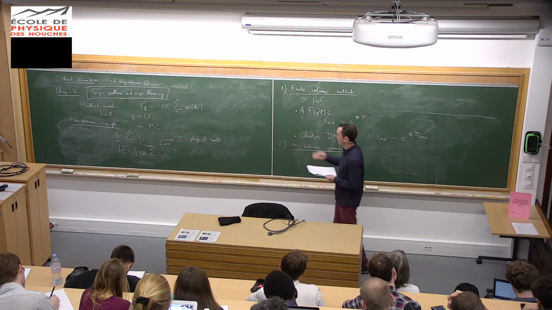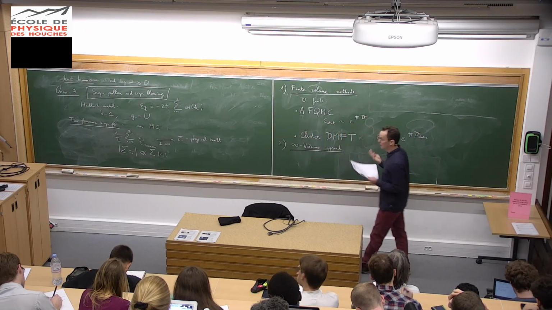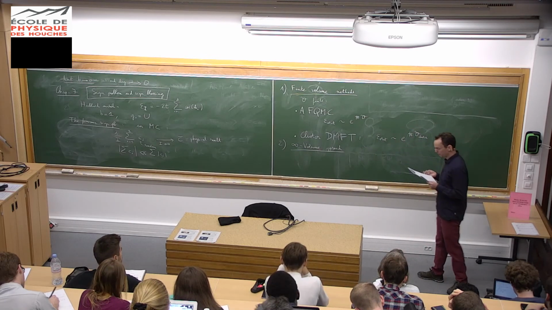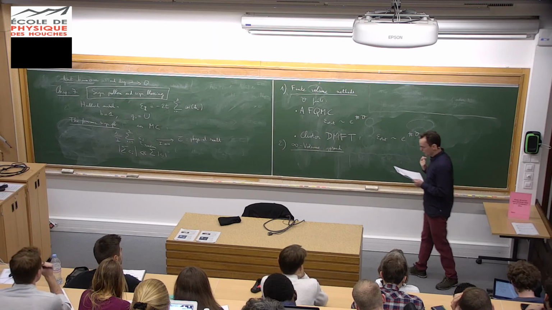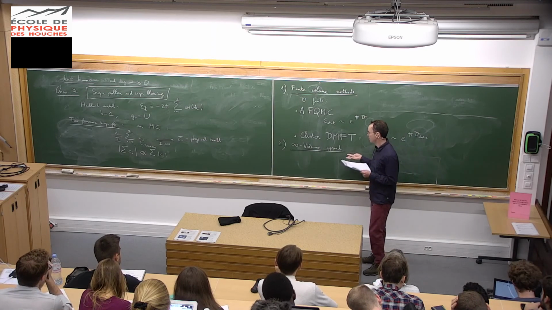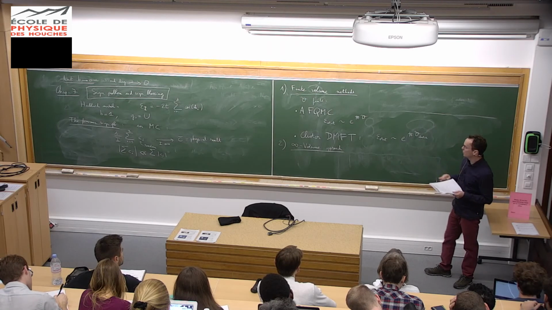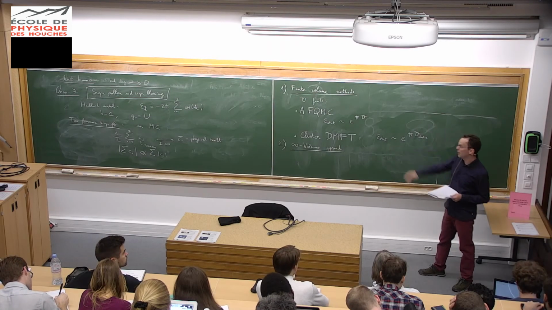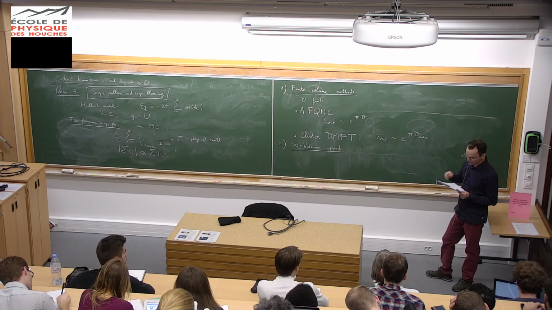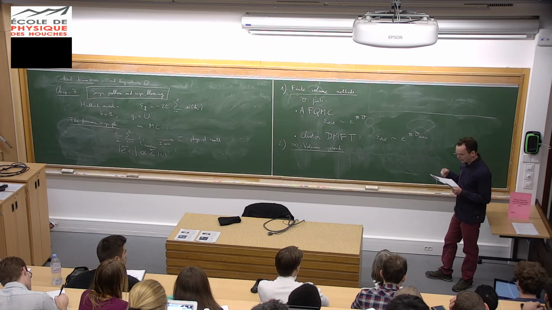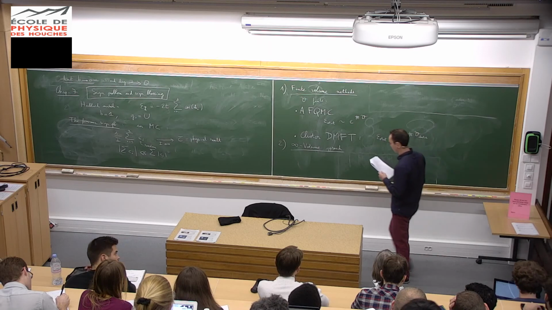And as I already explained, the tool to do that is to use connected Feynman diagrams. In general, this research program is called diagrammatic Monte Carlo, and the idea is quite simple. Let's try to calculate connected Feynman diagrams up to as high order as we can, and let's see what we can get from that.